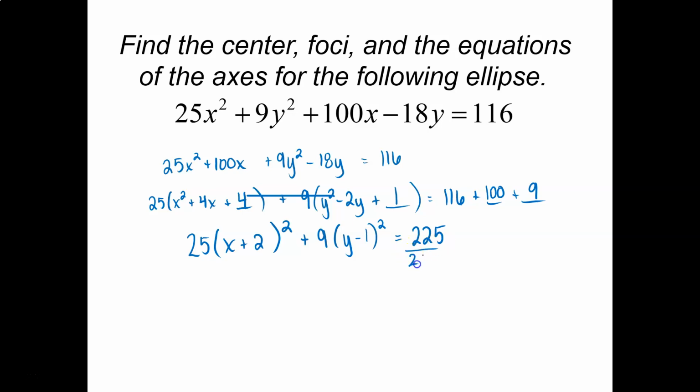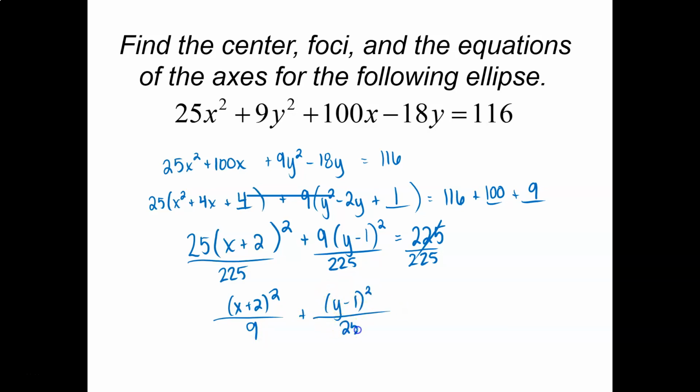Divide by the 225 so that this is equal to 1. So it ends up the same here, x plus 2 squared over 9 plus y minus 1 squared over 25 is going to equal 1.